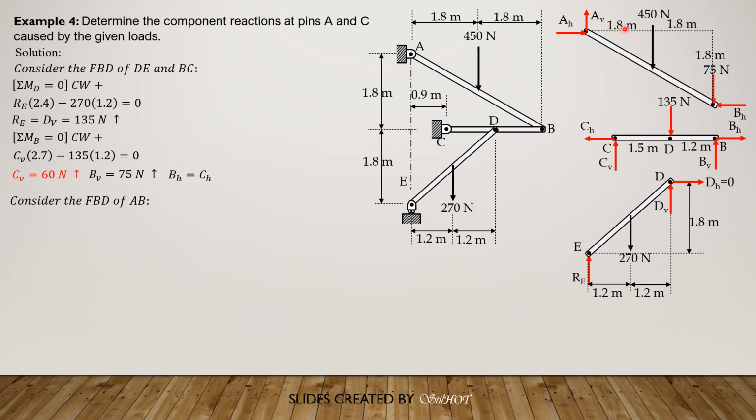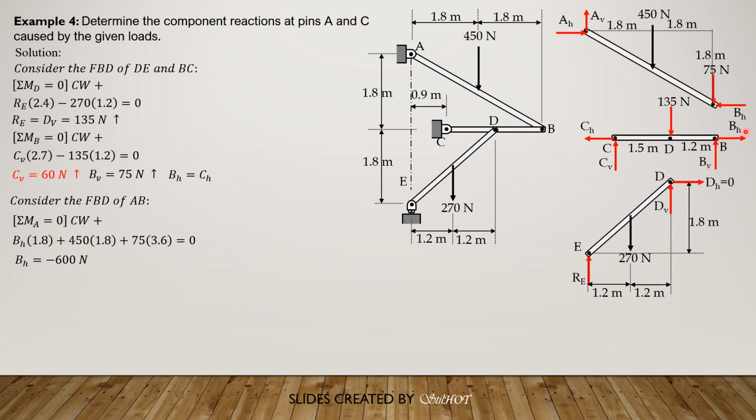And we have distances 1.8, 1.8, and the vertical distance is also 1.8 from this figure here. We sum up moment about A equals 0, considering clockwise positive. So we have B_H times 1.8 plus 450 times 1.8 plus 75 times 3.6 equals 0. Solving, B_H is equal to negative 600 newtons.